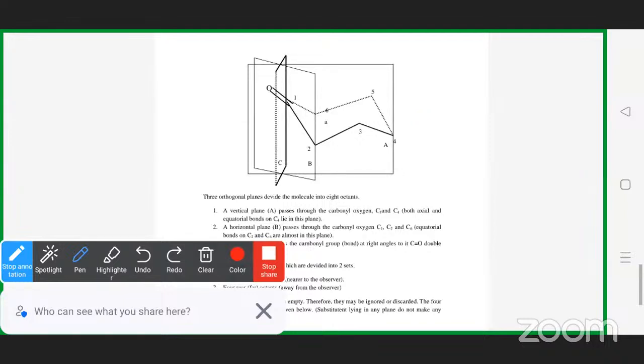Here there are three planes: plane A, plane B, and plane C, passing through this cyclohexanone.